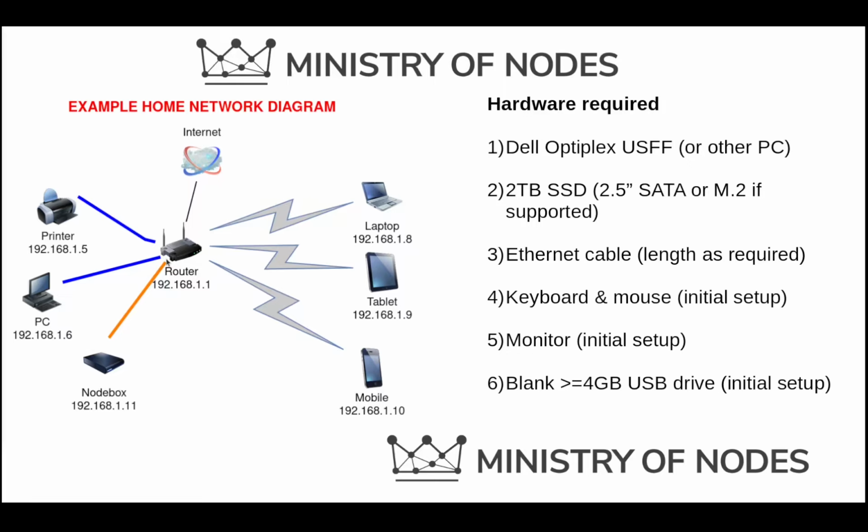Now, every time a new device is introduced onto your network, it will be assigned an internal IP address by the router. So it will look like 192.168.1.1 for the laptop, 192.168.1.9, 10, and so on and so forth for the devices.